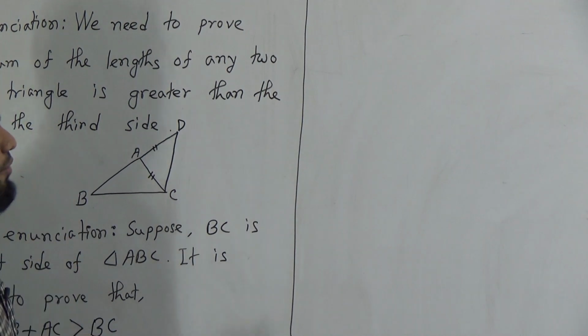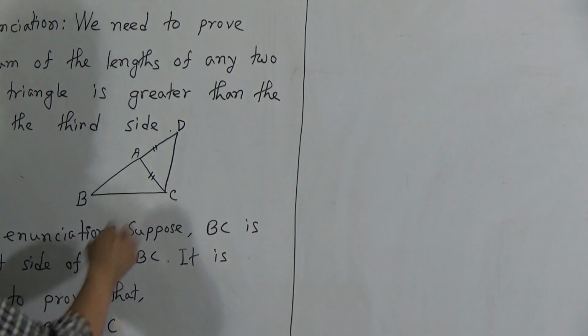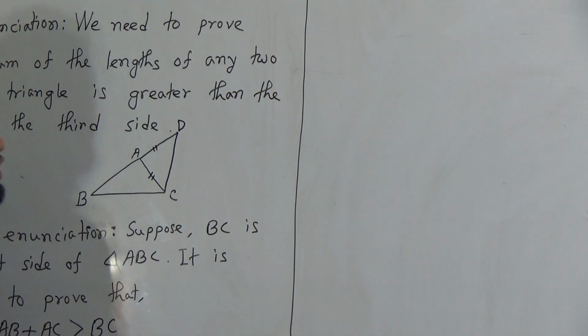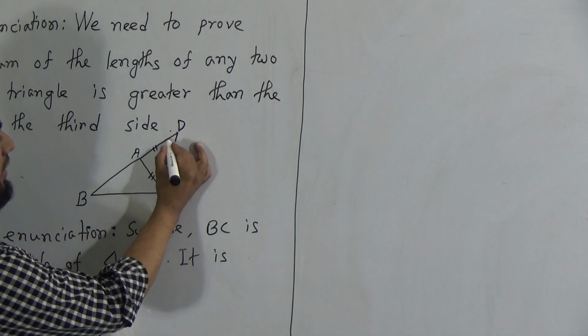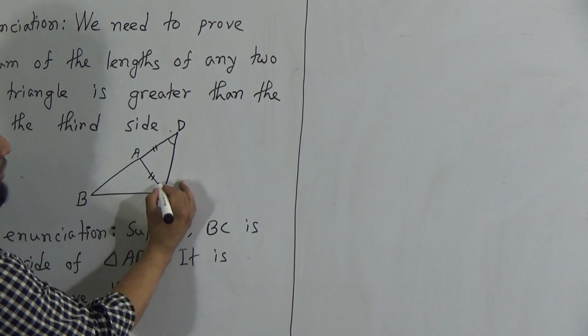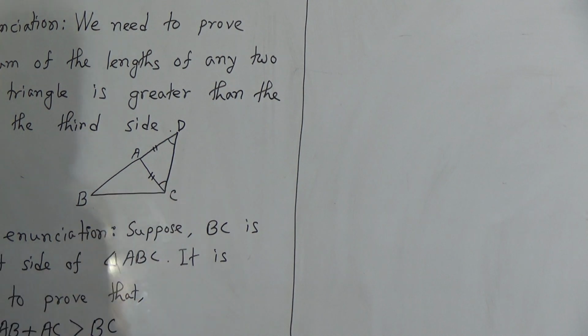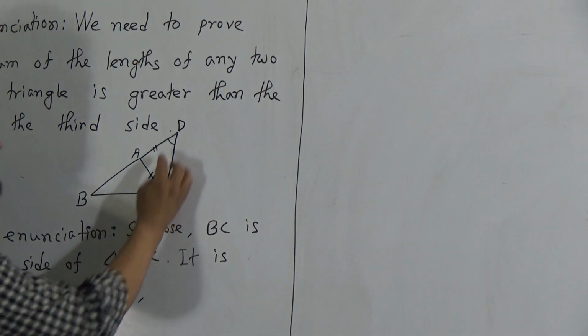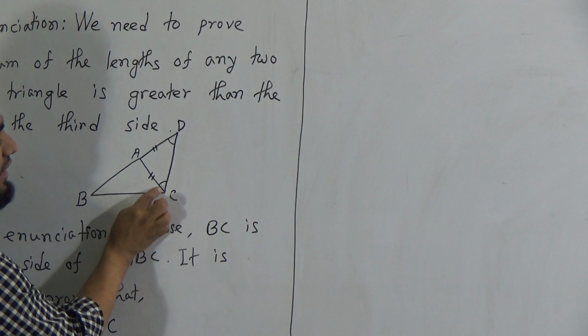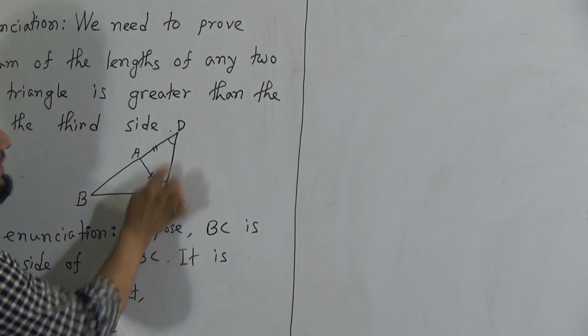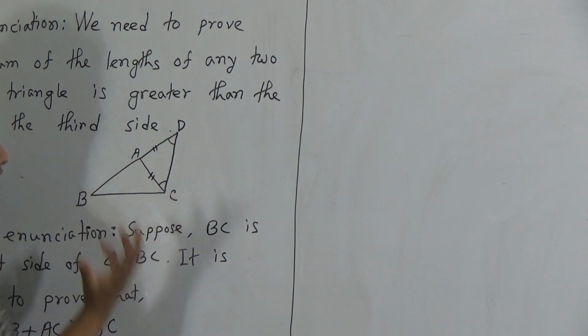Now my dear students, from this figure we will prove that this angle is equal to this angle. Look at the figure: angle D is equal to angle C. That means angle ACD equals angle ADC. How?